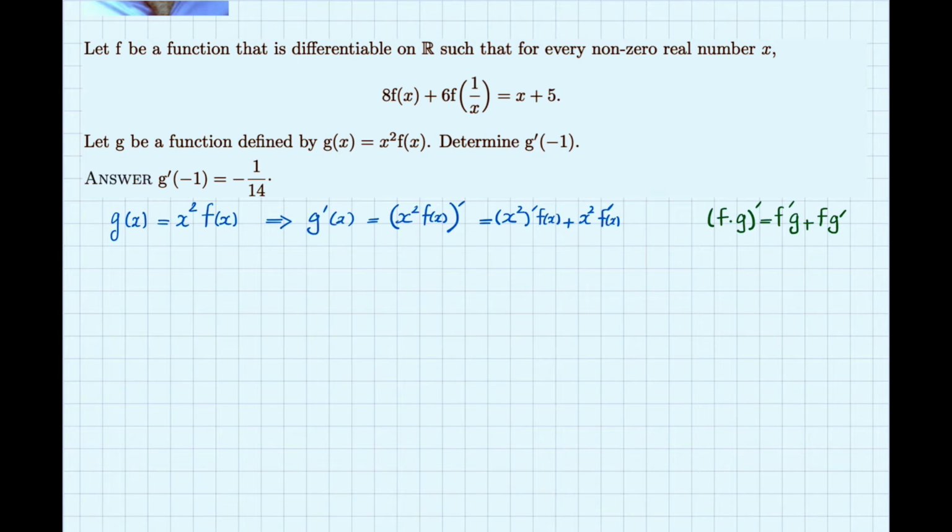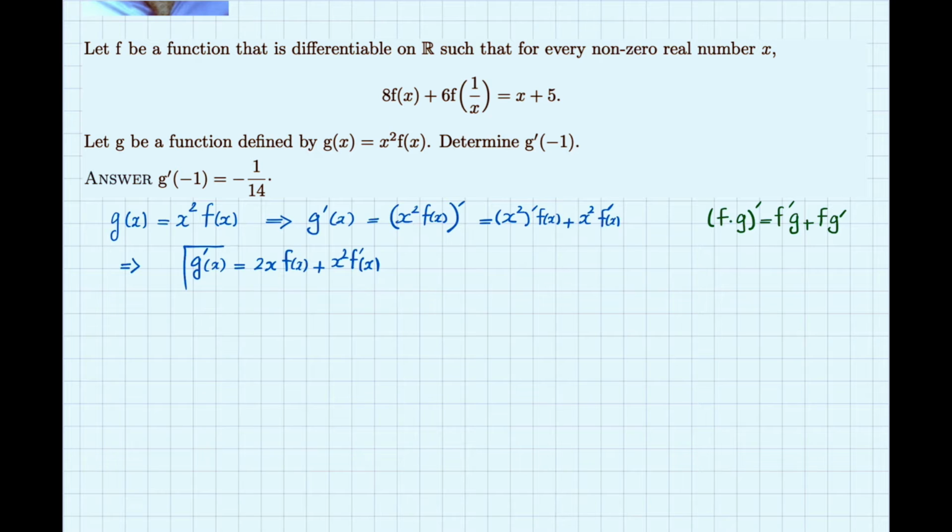The derivative of x squared is simply 2x. So this implies that g prime of x is equal to 2x times f of x, plus x squared f prime of x.